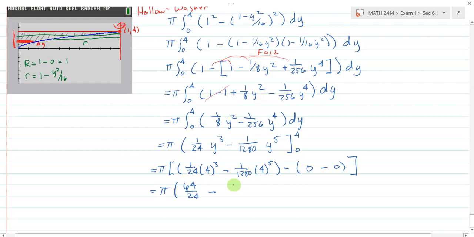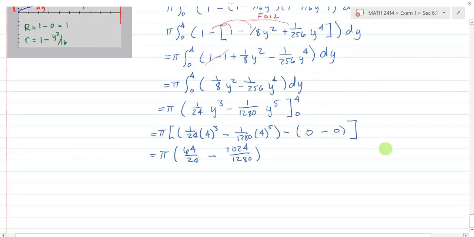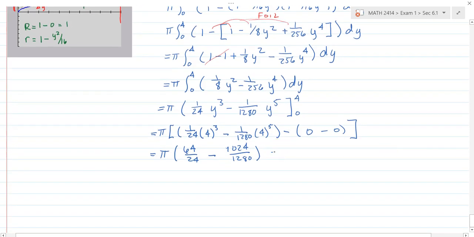What is it? 1024 over 1280? Simplify these fractions, or just go ahead and plug this into your calculator at this point and give me an answer. What's 64 over 24? 8/3? So it's 8 pi over 3 minus how many? 4/5? So 8/3 minus 4/5, common denominator is 15. So that's 40 minus 12, so this is going to be 28 pi over 15.